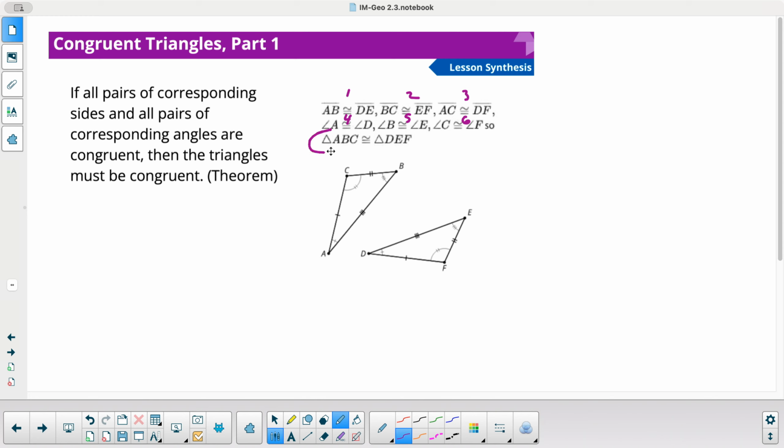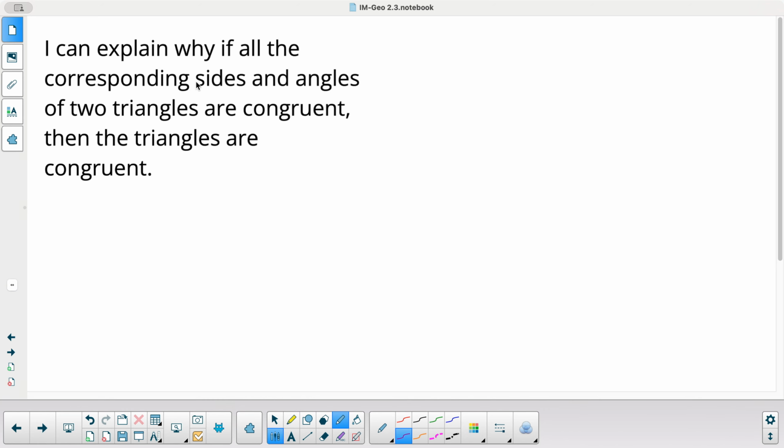We can write this congruent statement right here, and we could dissect all those parts from just that statement. Okay? So I can explain why. If all the corresponding sides and angles of 2 triangles are congruent, then the triangles are congruent.